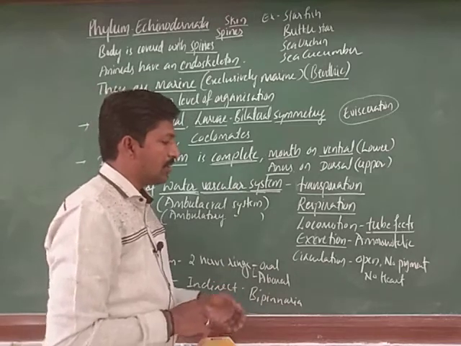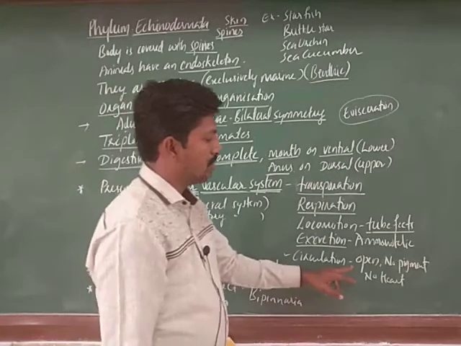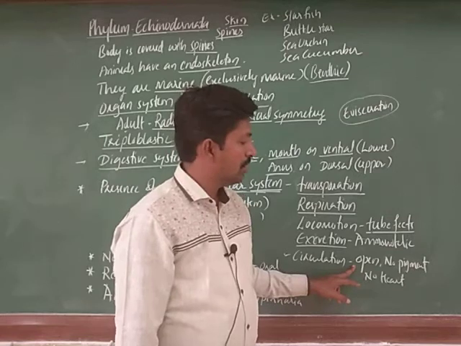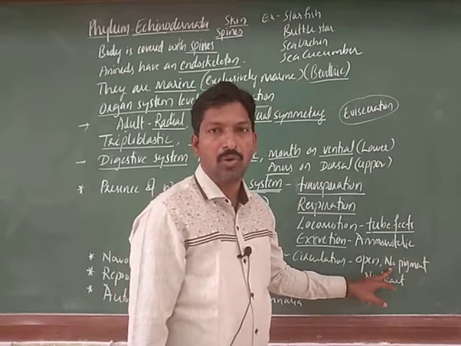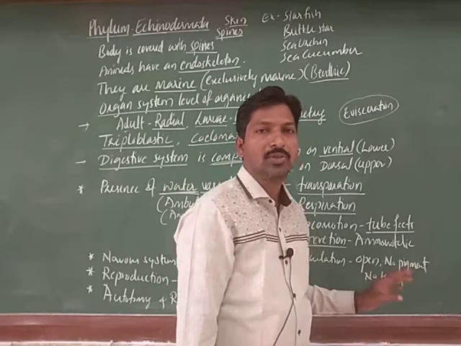And circulation, the circulation is formed, but it is an open type of circulation, but there is no pigment like hemocyanin or hemoglobin, right. Next, no heart, the pumping organ, is also not there.